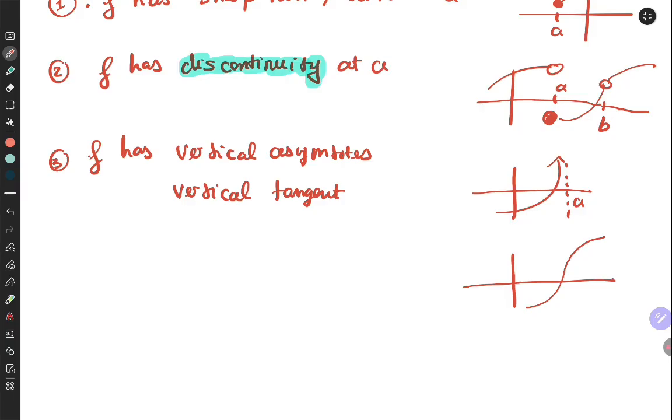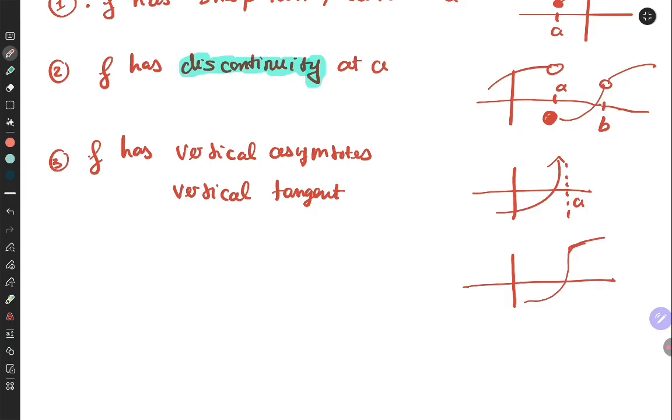There. This function, you can see clearly, go to positive infinity. So at A, not differentiable. Right here, this function, continuous. It's still continuous. Very smooth too.